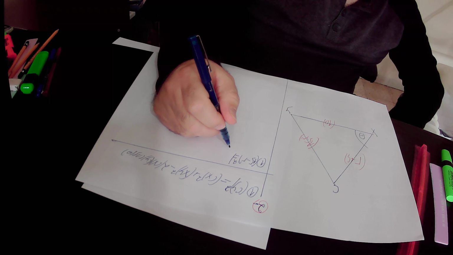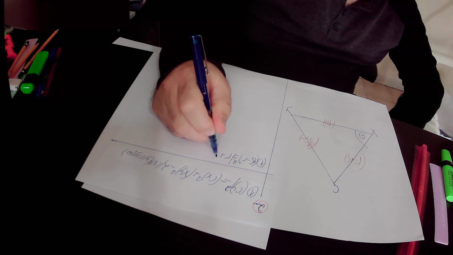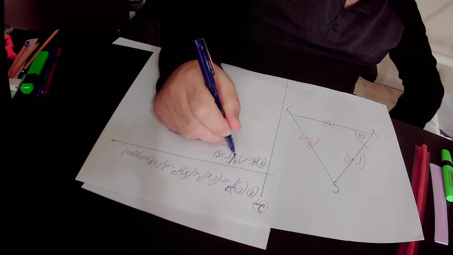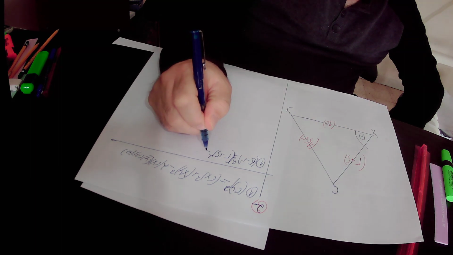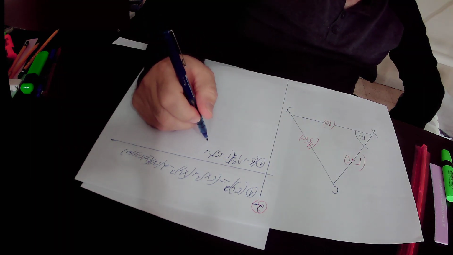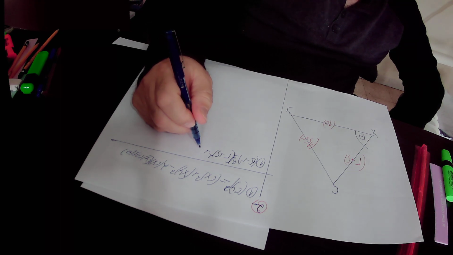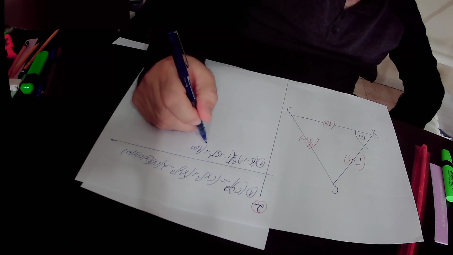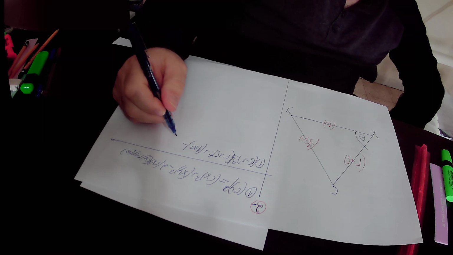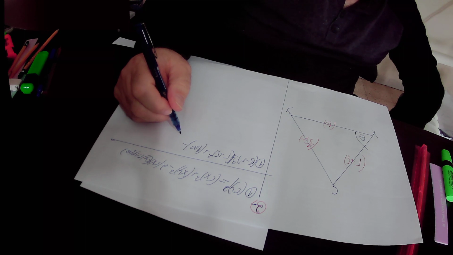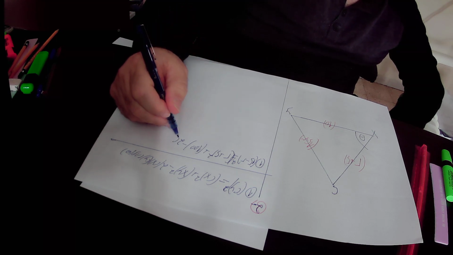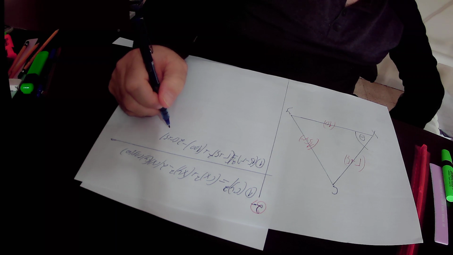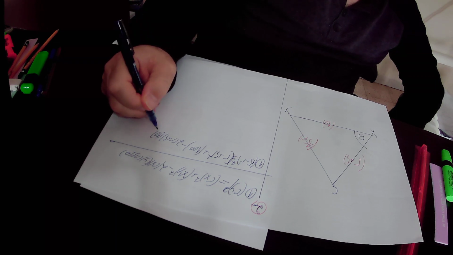CX is r plus 5, therefore CX squared will be equal to r plus 5 squared, plus XY squared. XY equals 10, so XY squared is 10 squared, that is 100. Minus 2 times CX, CX is r plus 5, times CY is 10, times cosine theta.